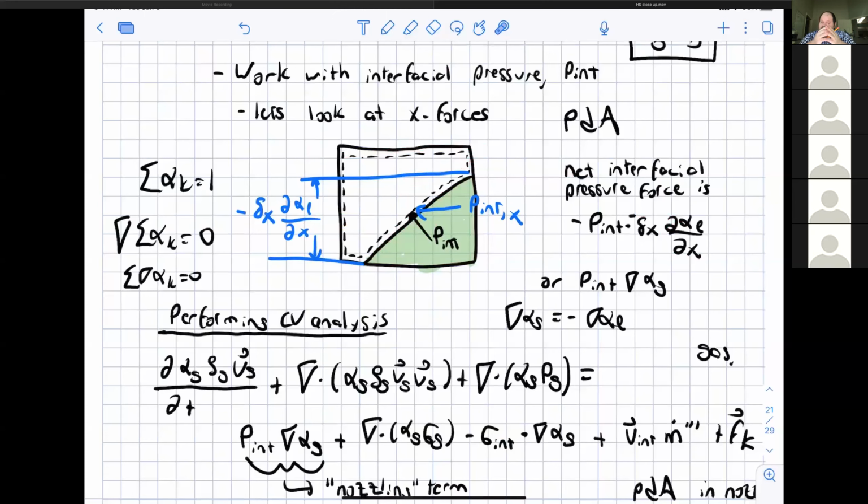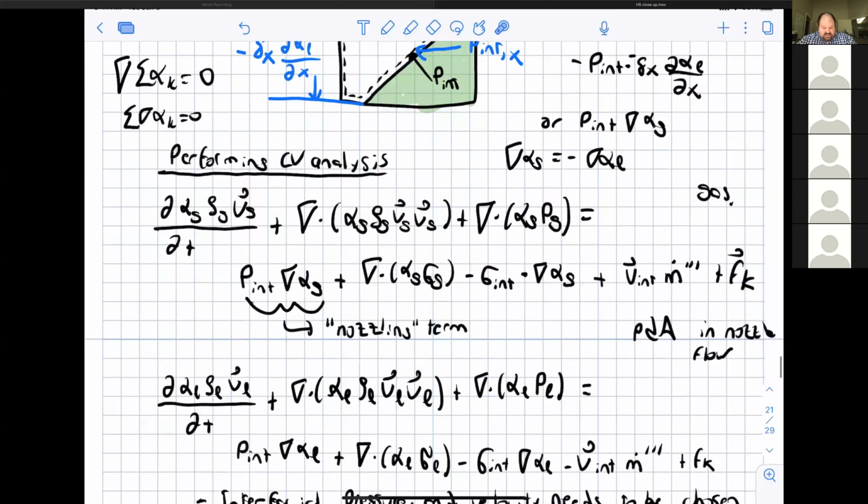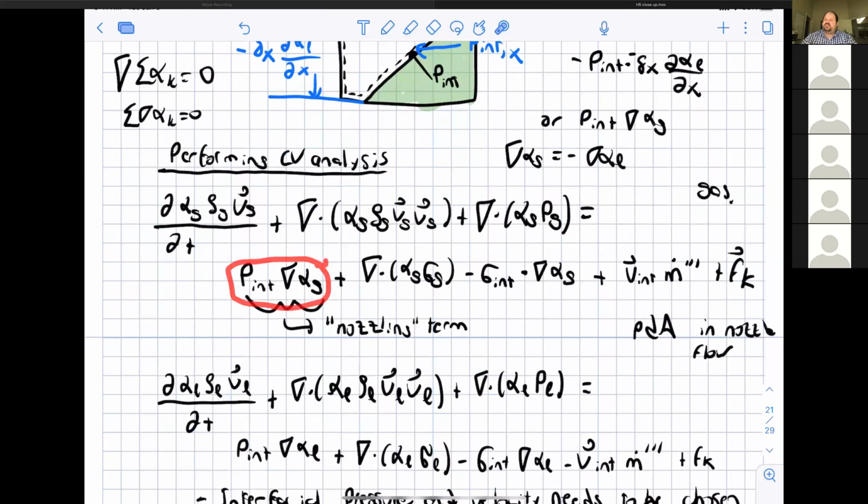Okay, and so that gives rise intuitively to what this nozzling term is, and this nozzling term is crazy evil. It looks like a simple term to add to solve, but for compressible flows, this term is evil, and if you do a formalized wave speed analysis, this term can make your equations lose what's called hyperbolicity.